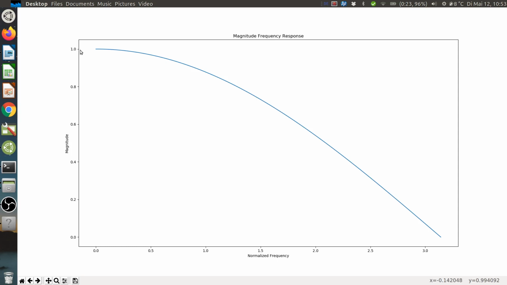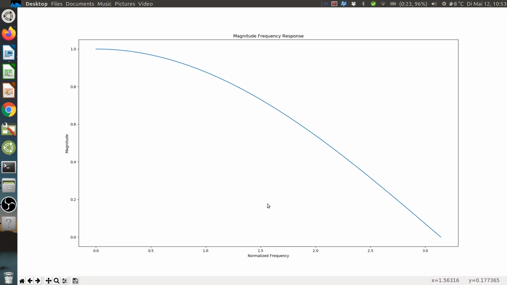And as you would expect from a low-pass filter, it starts at magnitude 1, which means it doesn't affect the sinusoids at those low frequencies in magnitude. It keeps the magnitude of those sinusoids. And then when you increase the frequency, it slowly has more and more attenuation, which means this factor becomes smaller, which means that sinusoids at those frequencies are attenuated.